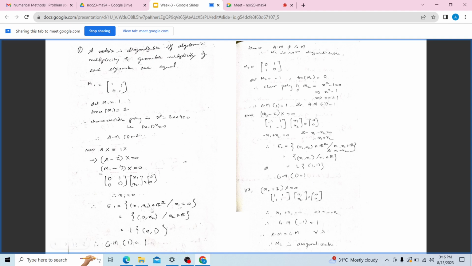When you put x1 as 0, you get the set (0, x2) where x2 belongs to real numbers. You can write it as (0, 1). So for the geometric multiplicity of 1, how many vectors are we getting? Only one linearly independent vector. So the geometric multiplicity of 1 is 1.